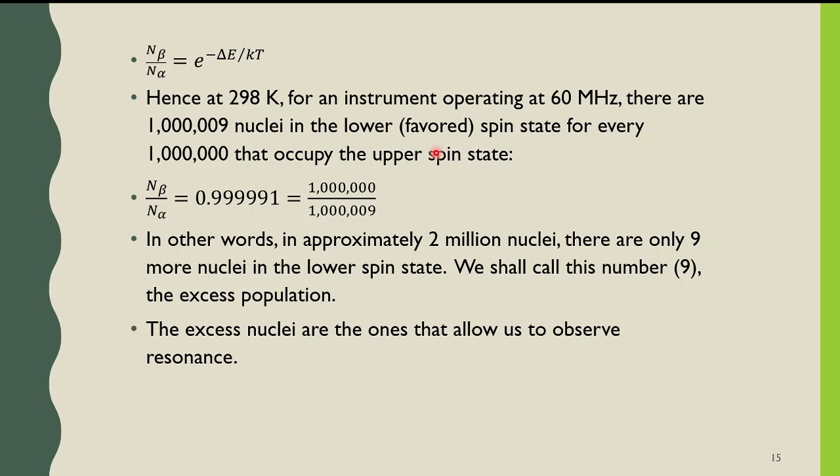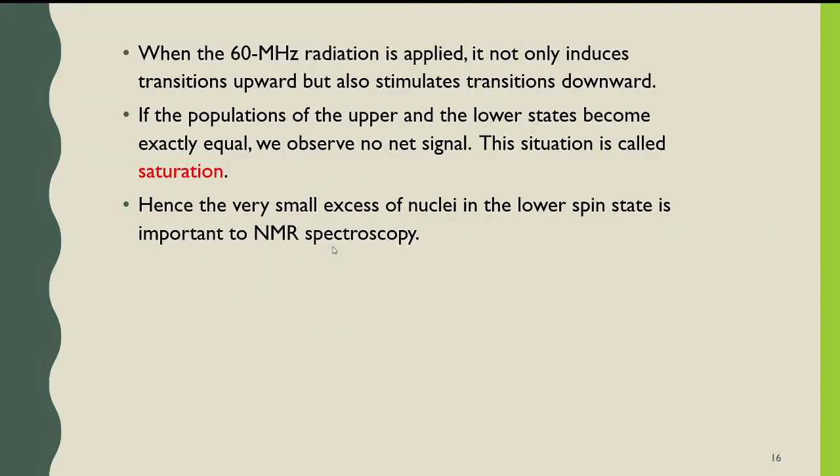For example, at this temperature and at this operating spectrometer, there may be 9 more nuclei in the lower spin state than in the upper state. So you have these 9 excess nuclei, and the excess population is very important in NMR.